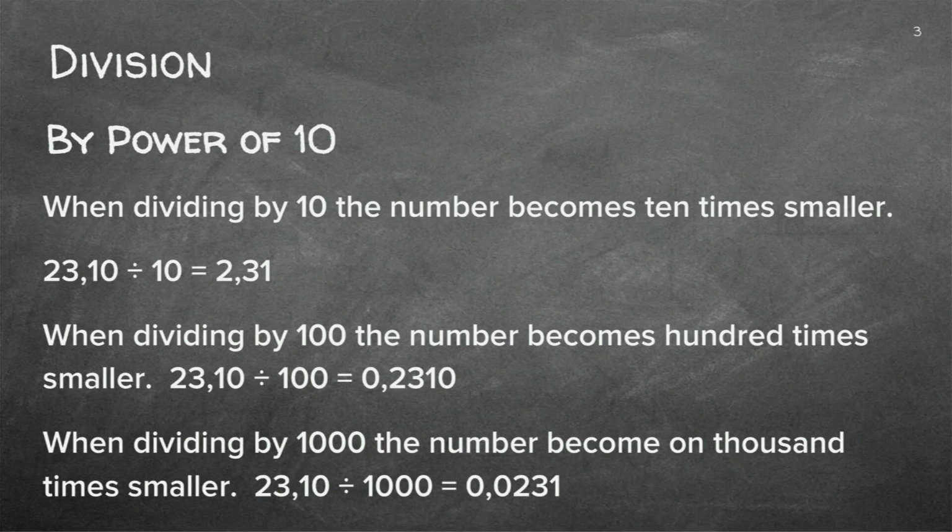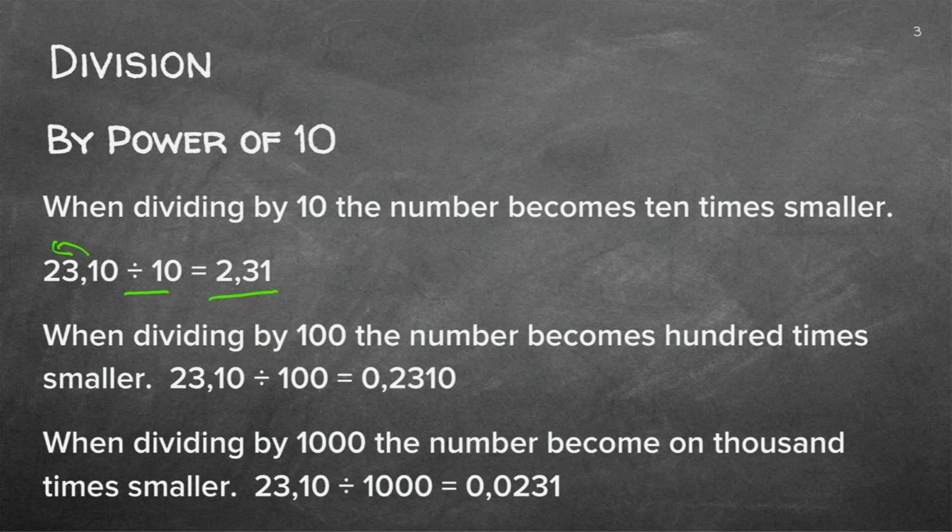Similarly, when we divide by a power of 10, when dividing by 10, the number becomes 10 times smaller. Look at this example, 23.01. If we divide that by 10, we move the decimal point 1 place to the left, so our answer will be 2.301.